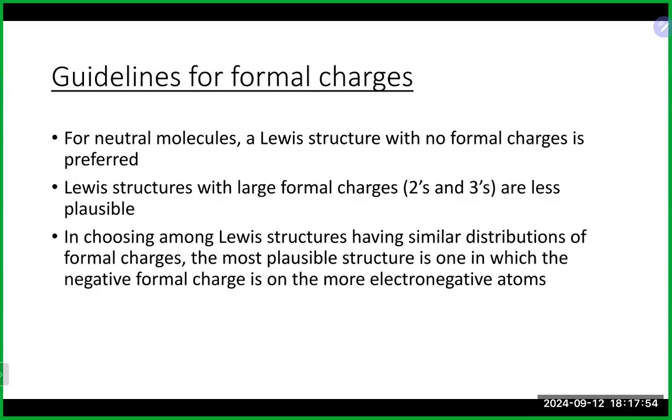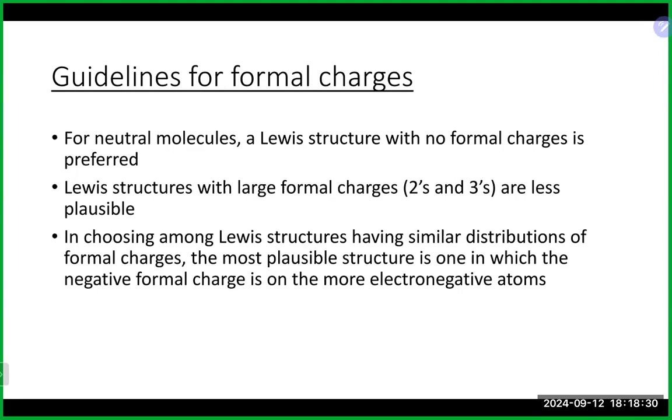Typically speaking, if you draw Lewis structures and you start calculating formal charges and you end up with relatively large formal charges like +2s, +3s, +4s, really big ones, those are probably less plausibly the good structure to keep. Now, when you're choosing among a couple of different structures, you definitely would want to choose the Lewis structure where the formal charge that is more negative ends up on the more electronegative atom.